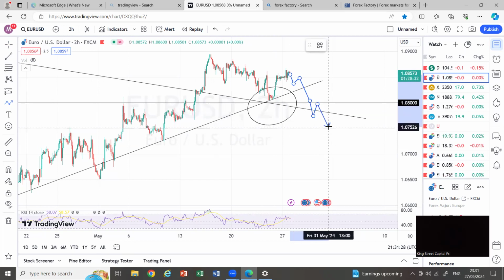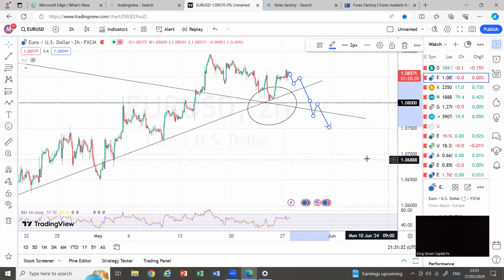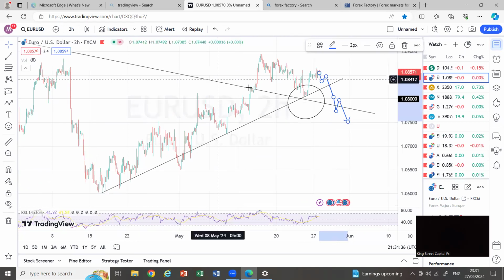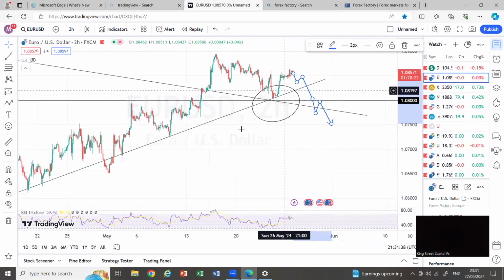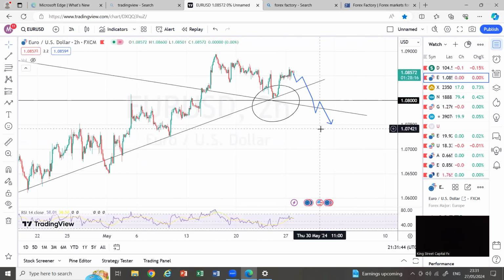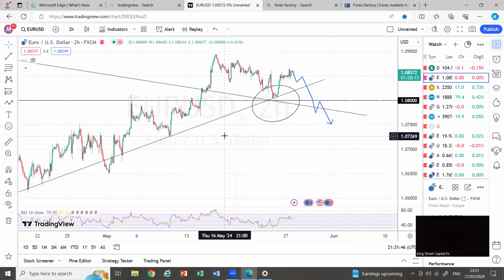And if we do see a further downhill push, we can see us getting back into this trend line, the major trend line, heading down towards this level of 1.07500, which is this zone here.